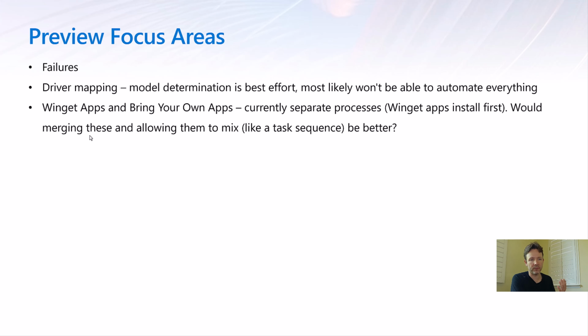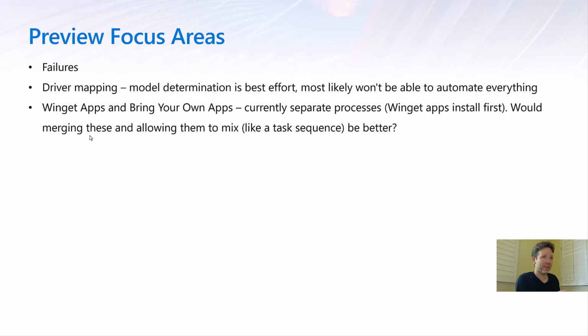So if you want to modify the XML or the JSON files and change the order, you can definitely do that. There's just no way in the UI for Winget apps right now to move applications around, so you'd have to select them in the appropriate way.